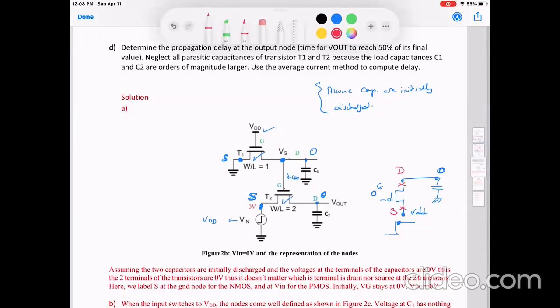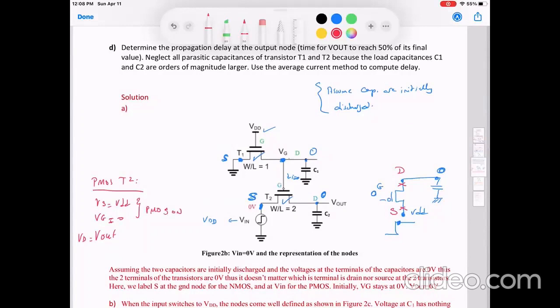And for this PMOS T2, I have Vs equal to VDD, Vg equal to 0, controlled by the upper transistor, and I have Vd equal to Vout, and now it will be charged because the PMOS is on.